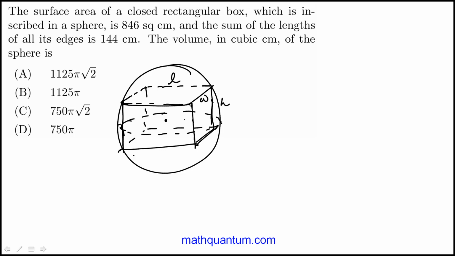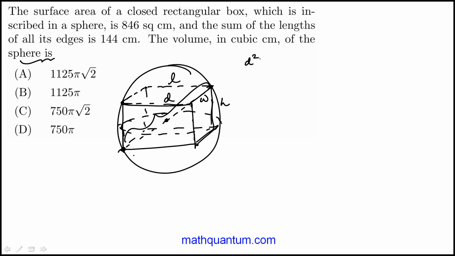And then we also have to figure out the radius or the diameter of the sphere to answer that question. And what you'll see is if you connect these opposite vertices, that's your diameter. So that's your D, or the diameter of the sphere. And that's also the diagonal of this rectangular box.